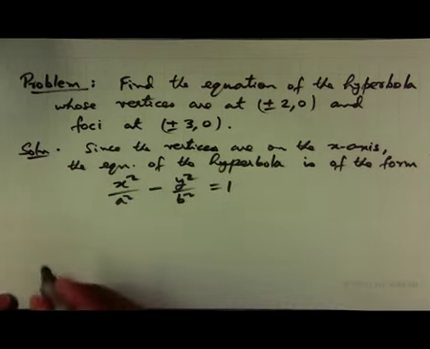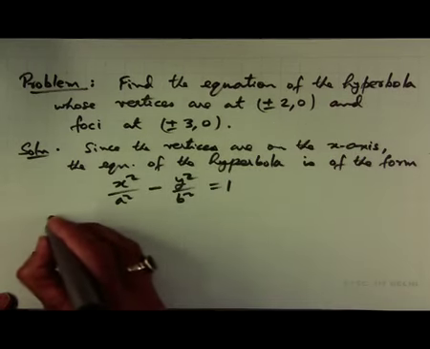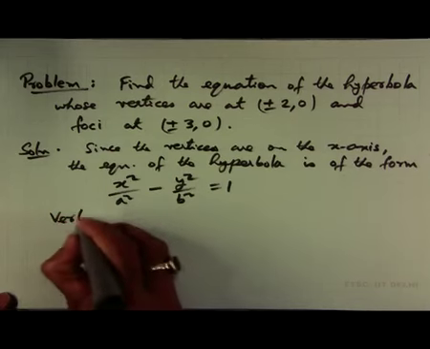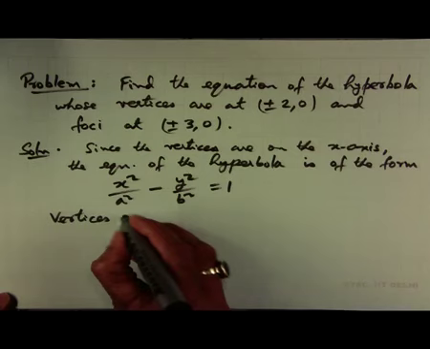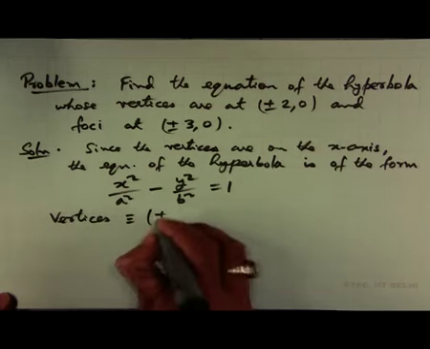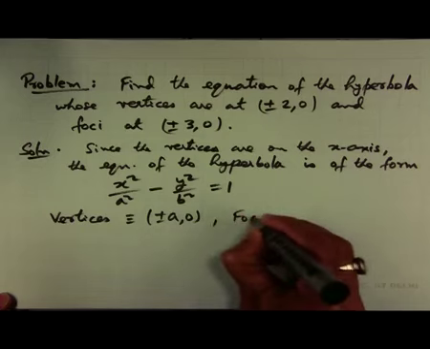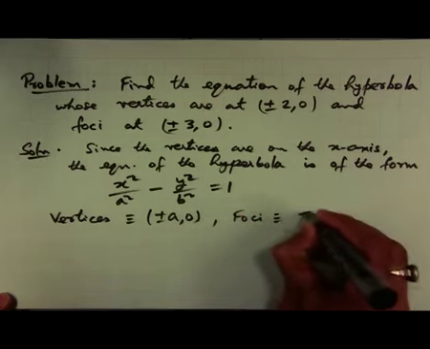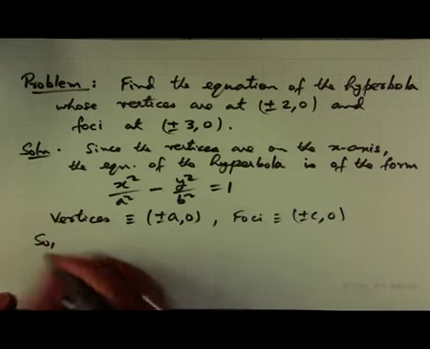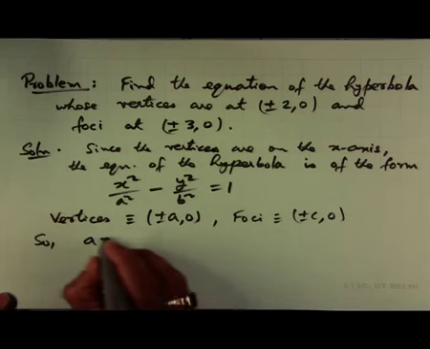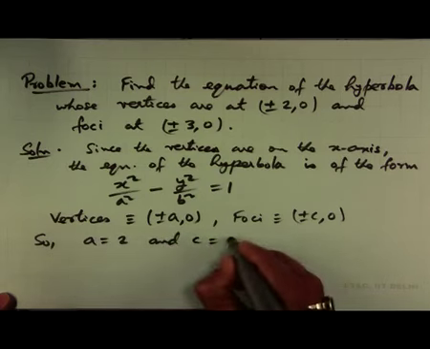Here it is given that the vertices are at plus minus 2, 0. The vertices of this hyperbola are at plus minus a, 0 and the foci are plus minus c, 0. So, in the given problem a is equal to 2 and c is equal to 3.